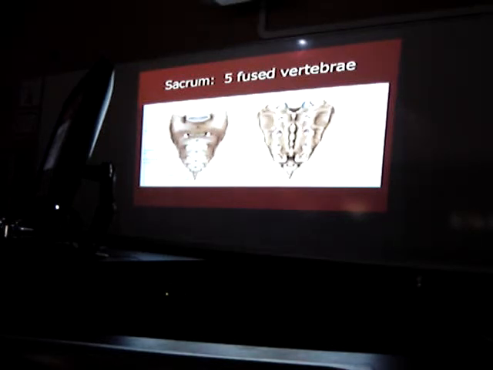The big plastic ones really don't show you what they're really like at all, as you'll see. But there are a pair of superior articular facets that articulate with the inferior articular facets of L5. Right there. And you see very important spinal nerves emanate both posteriorly and anteriorly out of here.